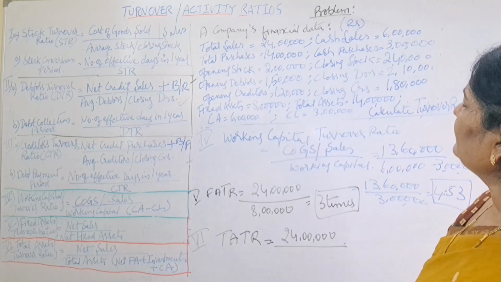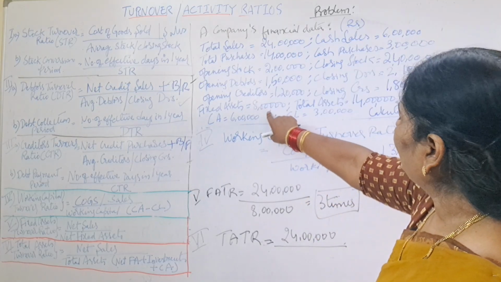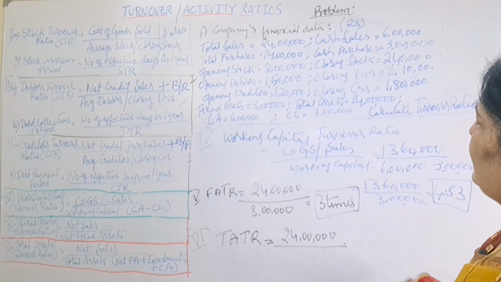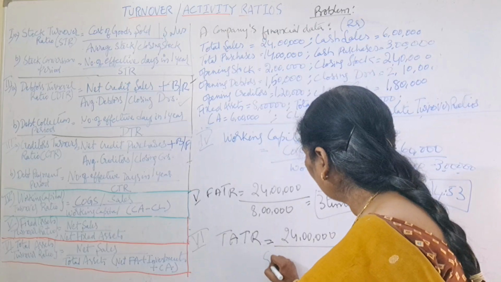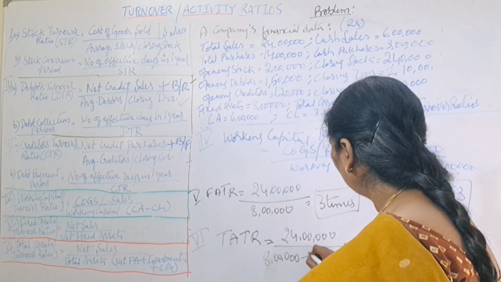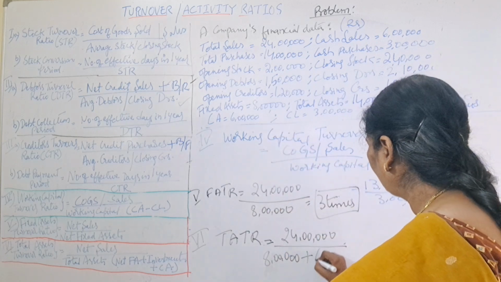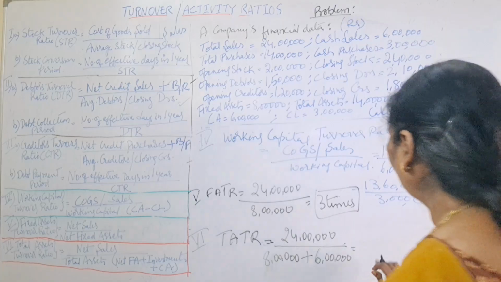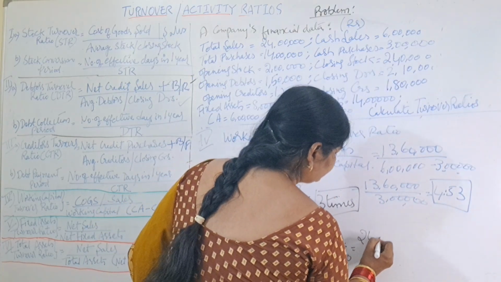What assets do we have to take into consideration? Fixed assets and current assets. We do not have any fictitious assets, so no need to worry about that. I am taking the fixed assets amount 8 lakhs plus current assets 6 lakhs. So 24 lakhs divided by 14 lakhs.